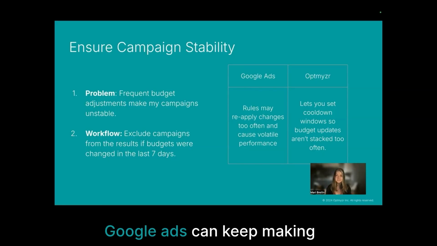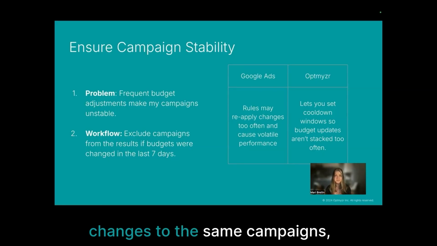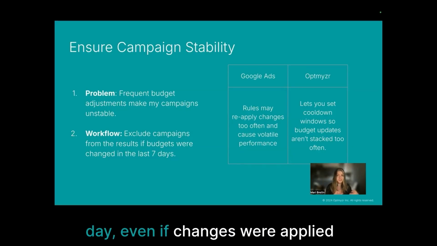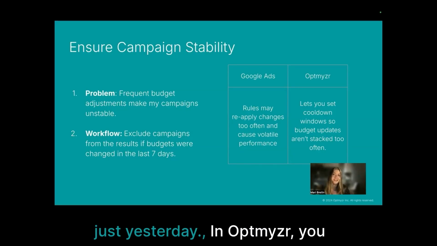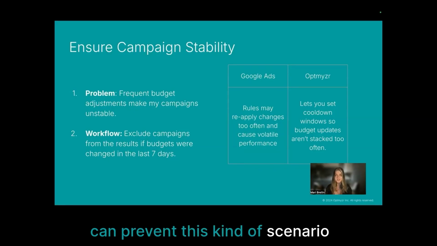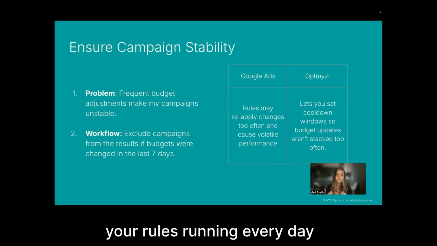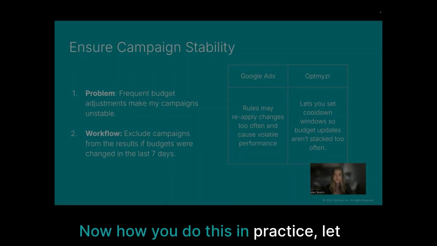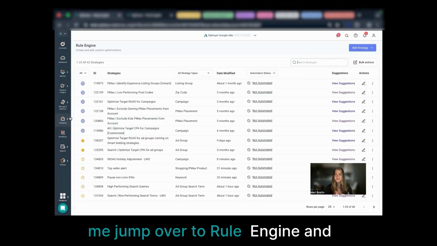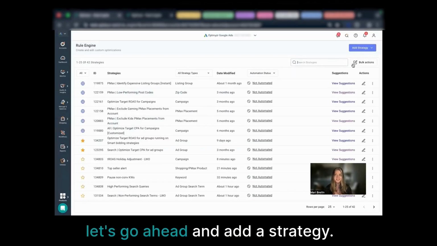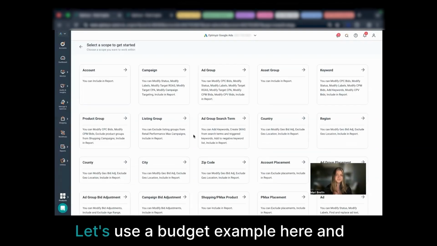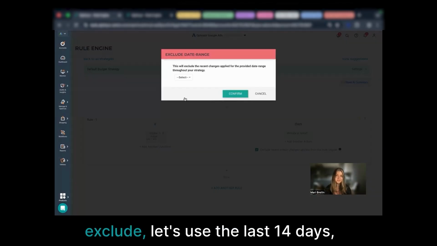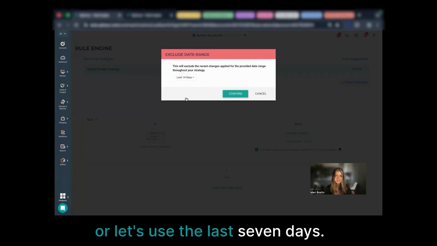Google Ads can keep making changes to the same campaigns, to the same budgets, day after day, even if changes were applied just yesterday. In Optmyzr, you can prevent this kind of scenario from happening and still have your rules running every day, checking for opportunities. Now, how you do this in practice, let me jump over to Rule Engine and let's go ahead and add a strategy. Let's use a budget example here and exclude, let's use the last 14 days, or let's use this as 7 days.